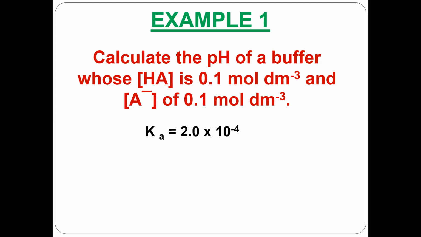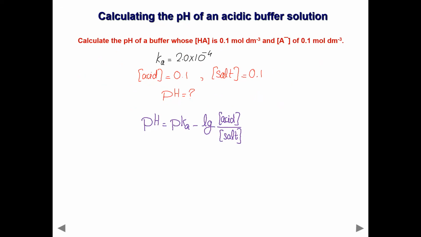I've copied. Now we have the Ka value, we have the acid, we have the salt, and we need to find the pH. The data, you have to copy the data and put them in the formula.